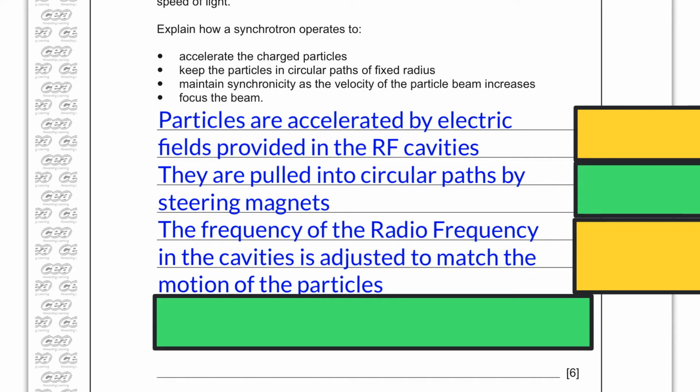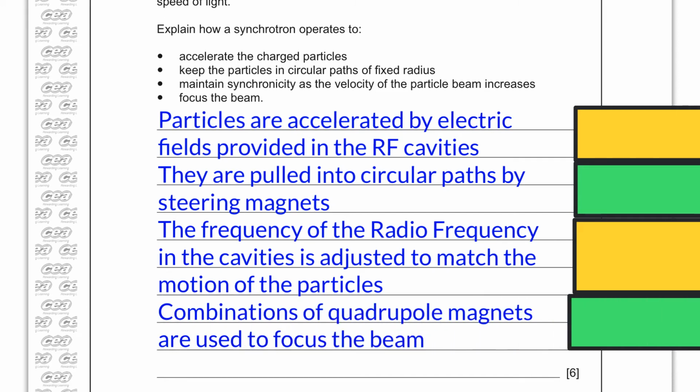And then finally, focusing the beam. Focusing the beam is done by what we call quadrupole magnets. By combining a series of quadrupole magnets, you can create a focusing effect. So again, remember in this type of question to look at the points that they've made and make sure that you've answered all of them.